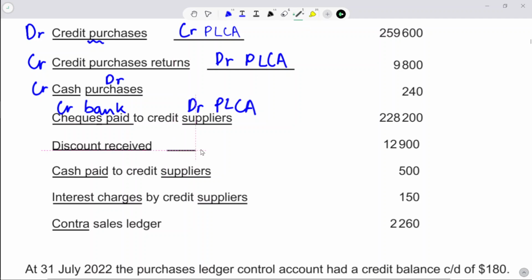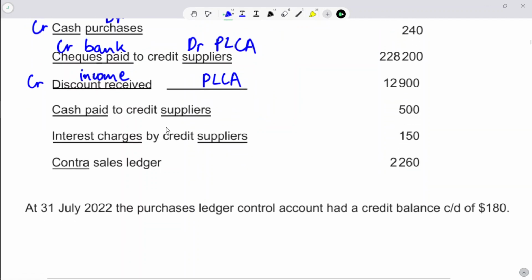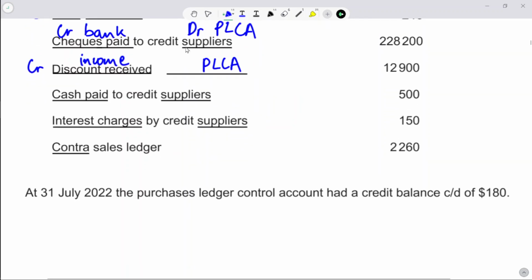So another line will be PLCA. Then discount received is an income. It's an income. So it's credit. I will scroll down. Okay. Yeah. So this one credit, this one debit.